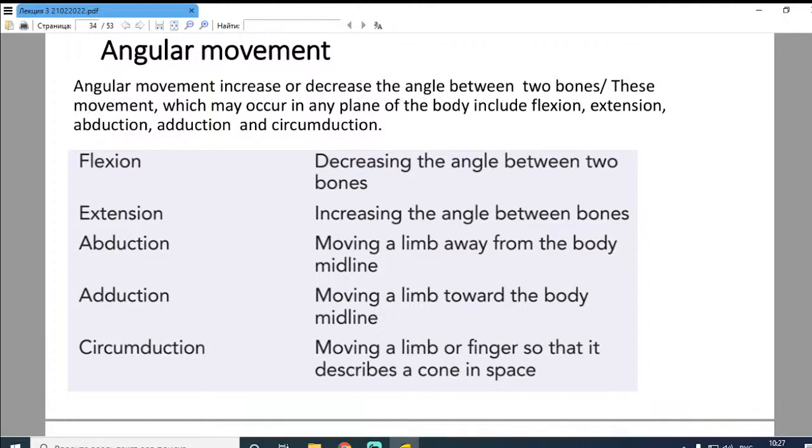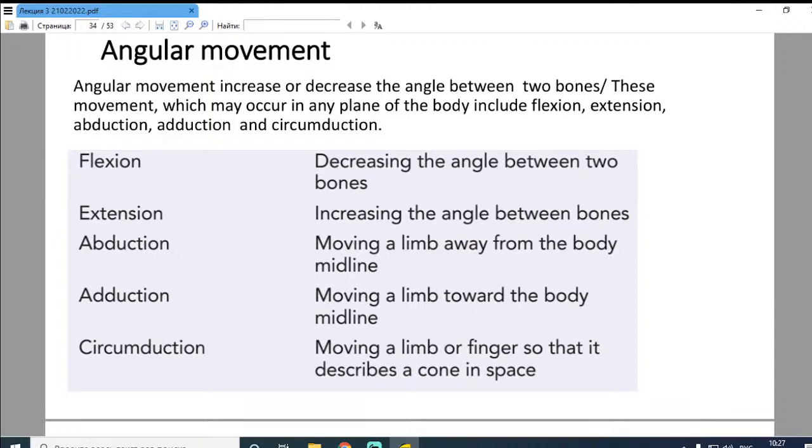Extension increases the angle between bones. Abduction is moving a limb away from the body midline. Adduction is moving a limb towards the body midline. And circumduction is moving a limb or finger so that it describes a cone in space.